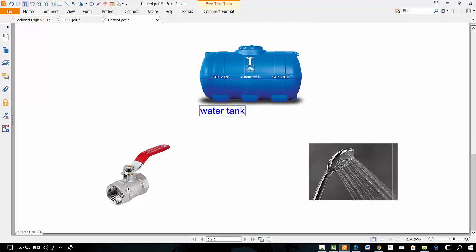What's this? Valve. This is a valve. And what's this? Shower head. Shower head.